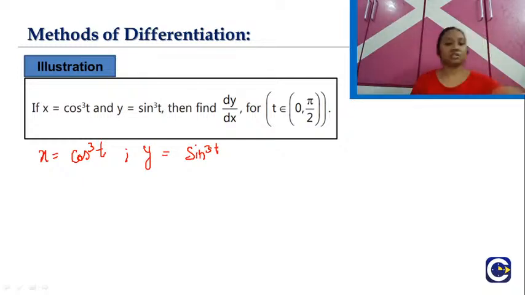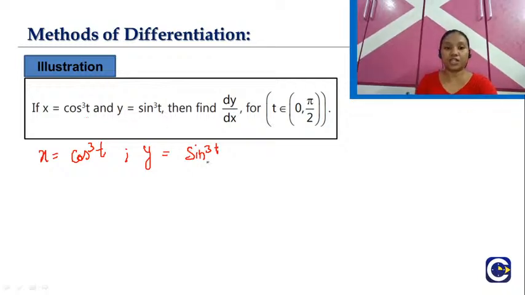Sorry guys. So here we have a function x which is equal to cos cube t and a function y which is equal to sin cube t. What we have to find is the differentiation, that is dy by dx.